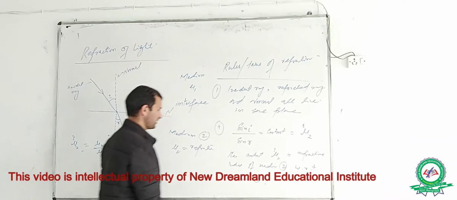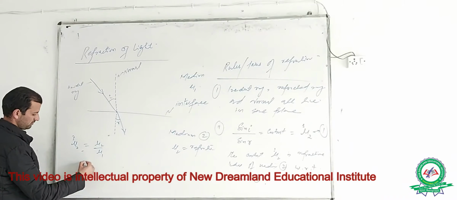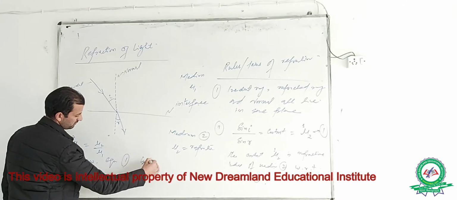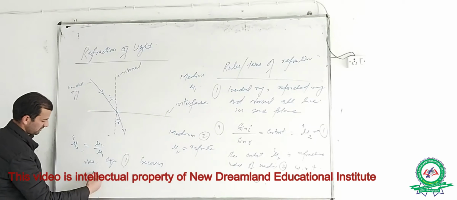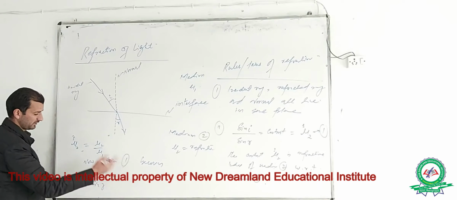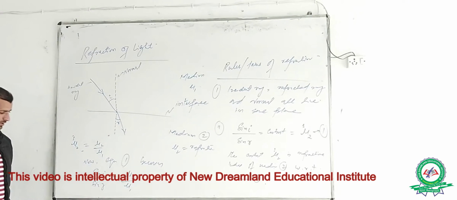So if we call this equation first, now equation first becomes sine of angle of incidence divided by sine of angle of refraction is mu2 divided by mu1.